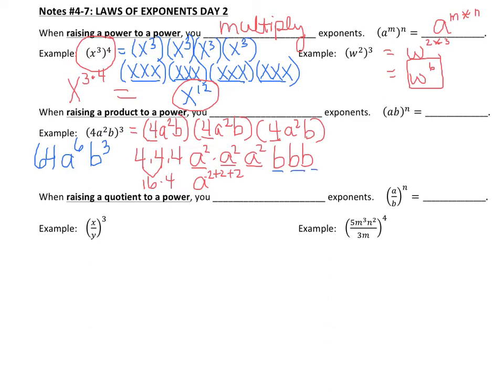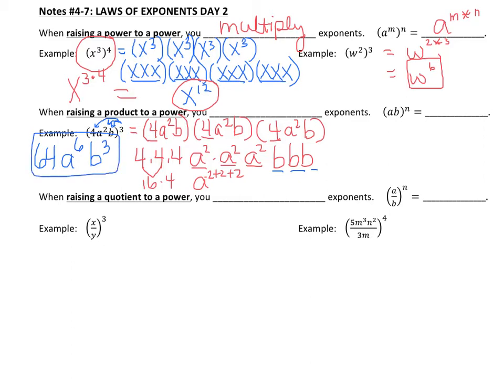Okay, so let's analyze what happened here. It looks like what happens when you have a product to a power is you want to distribute that power to everything. And that's how you're going to get your answer.